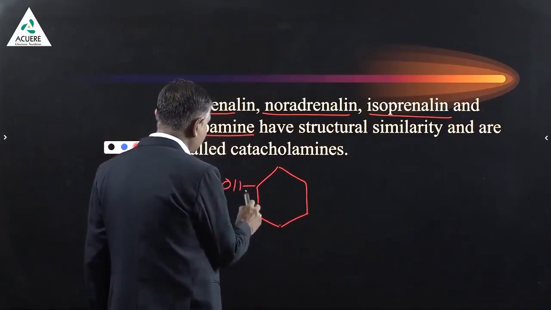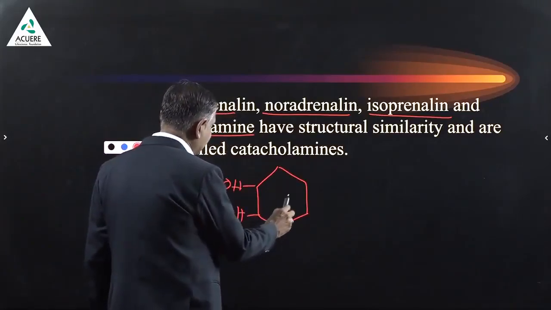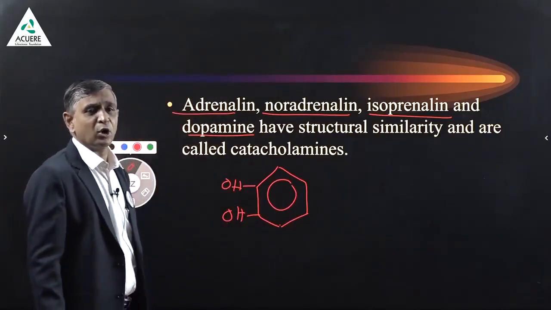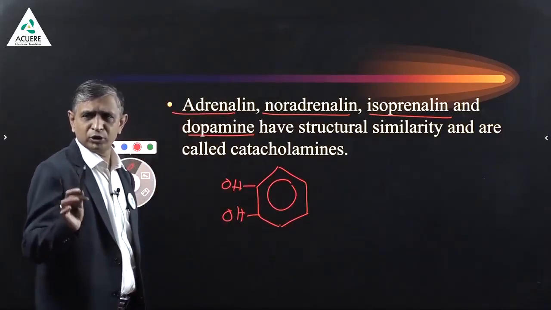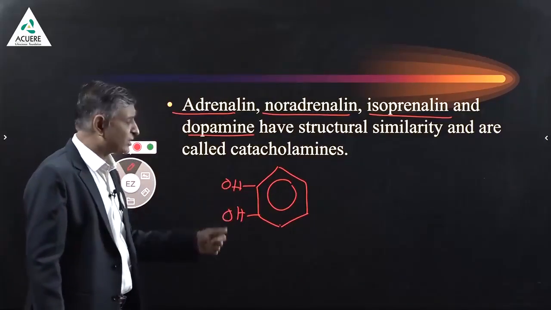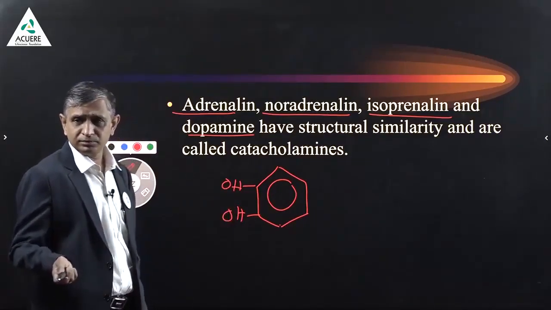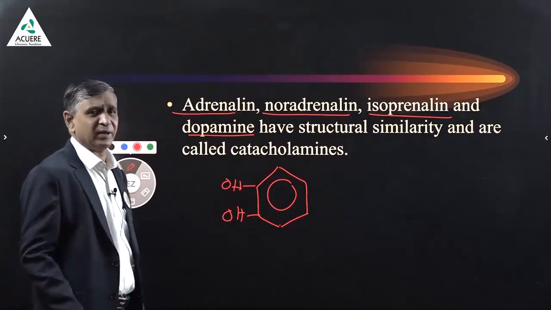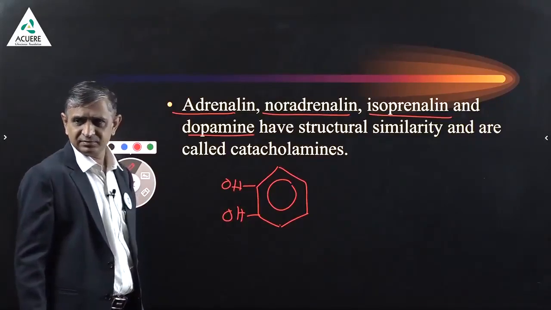They have 2 OH groups attached to it. When a single OH group is attached to a benzene ring, we call it phenol. When 2 are attached, we call it catechol. And that's why the name given is catecholamines.